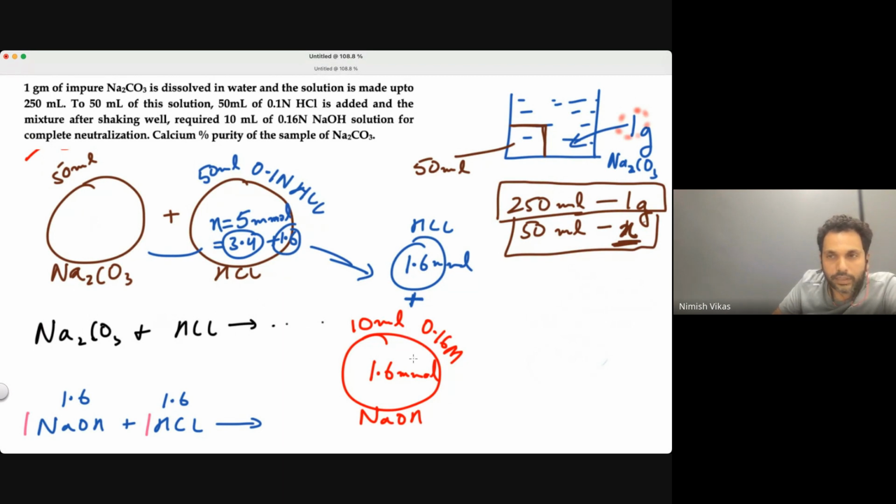Ultimately the balancing will be, you'll have a 2 over here and a 1 over here. Any doubt? Okay. So what do we know among the two? We know HCl. How much is that? 3.4. So how much is Na2CO3? 1.7. So that is pretty much the answer, but then we have to convert to grams and all. So we'll do that.